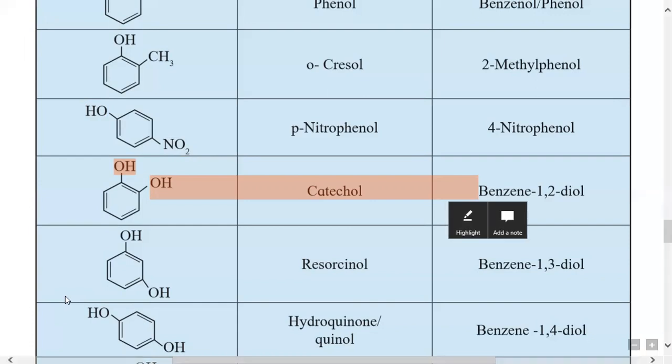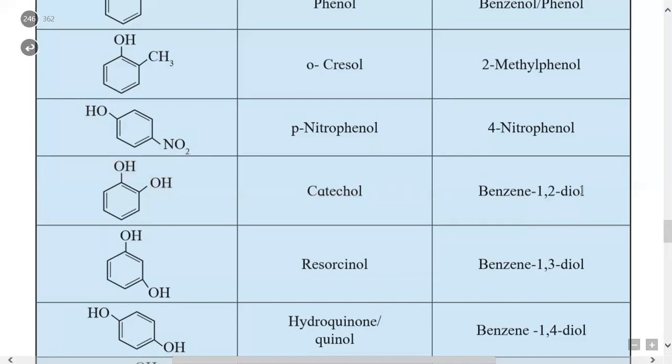The suffix E of the hydrocarbon name is not replaced, and the positions of the OH groups are given, here 2 OH groups, therefore di, and OL is the suffix used for OH group. So the correct IUPAC name is benzene-1,2-diol.